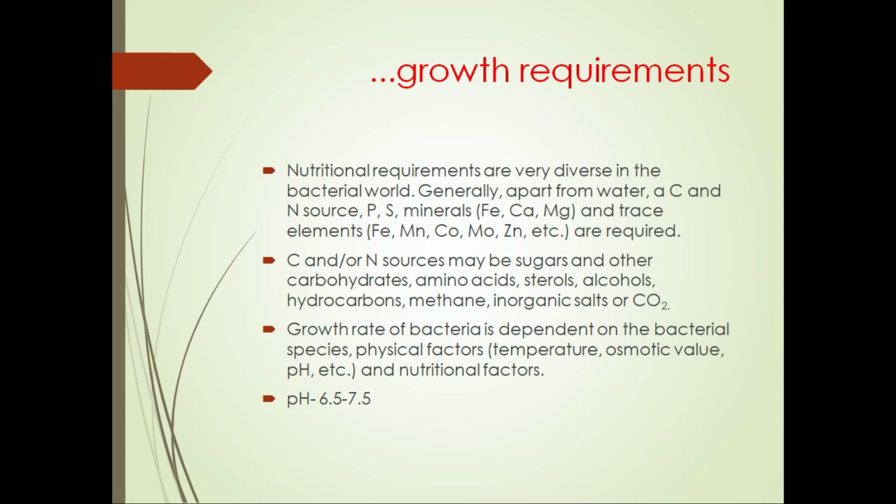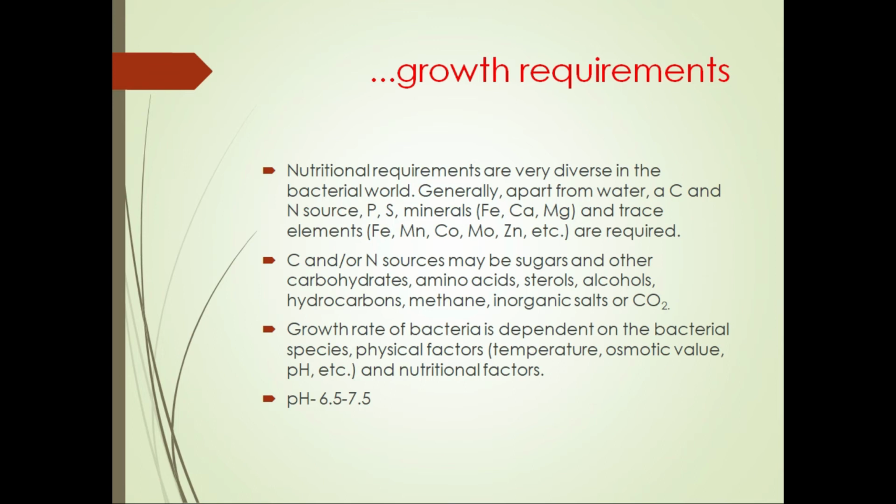Now the growth rate of bacteria is dependent on bacterial species. All bacteria do not grow at the same rate. Many factors like temperature, osmotic value, pH, and the nutritional factors determine the rate of growth of bacteria. Usually bacteria prefer neutral to alkaline pH.